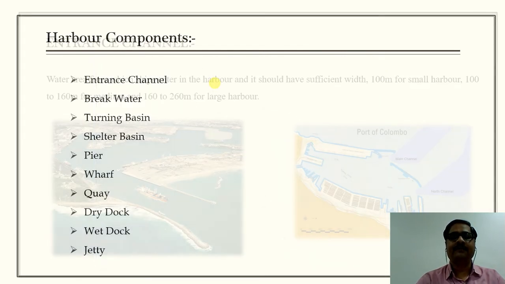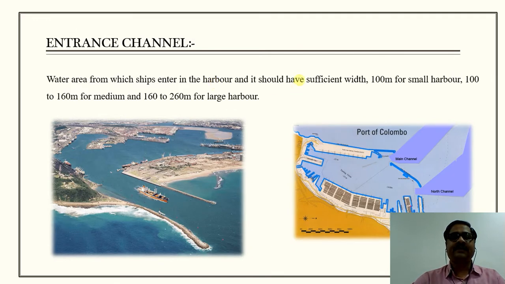It is the water area from which a ship enters the harbor, and it should have sufficient width to accommodate the largest size of vessel or ship. It starts from 100 meters for a small harbor, 100 to 160 meters for a medium harbor, and 160 to 260 meters for a large harbor.